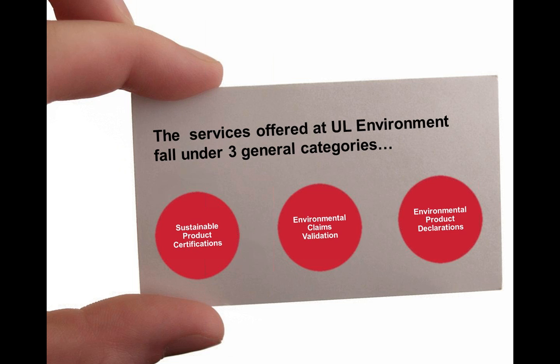The EPD, when used in combination with those other tools, such as certifications or claim validations, really can paint a complete picture of a product's total environmental impact as well as the environmental preferability of that product.